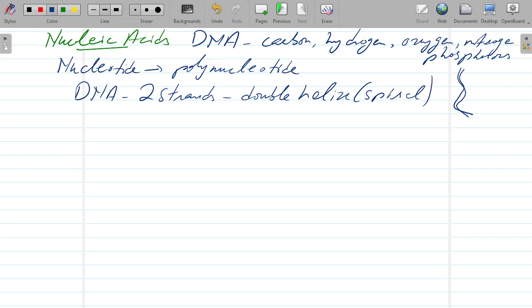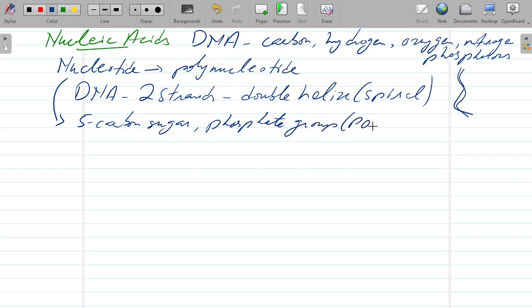And the nucleotide is made up of a 5-carbon sugar, which I mentioned, a phosphate group, which looks like this, PO3, and what's called a nitrogen base.